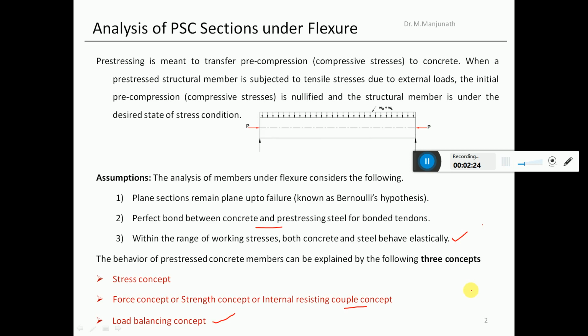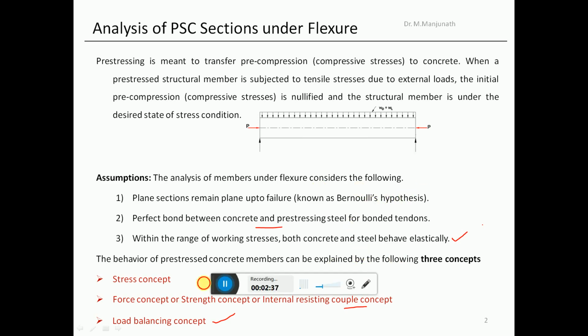And as we understand, analysis means obtaining the stresses at different stages. We will discuss these three concepts and their applications. So first, the stress concept.